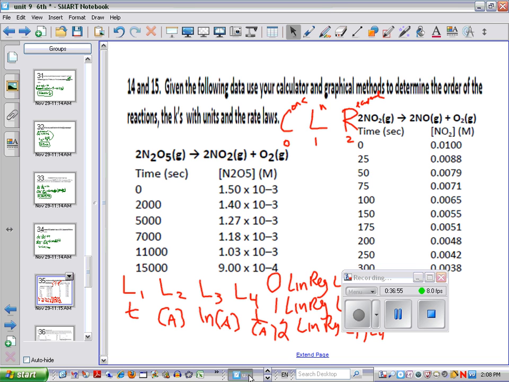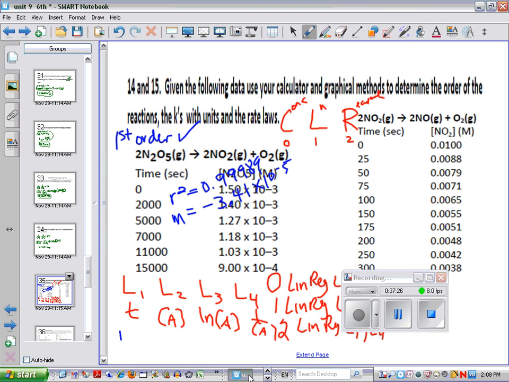So, which order did we determine this to be? First order. Can someone tell me what the r squared was, that's the best? 0.99989. And what the slope was? 3.4 what? Times 10 to the -5. Okay. So if I were to ask you to write the rate law, what would you do?